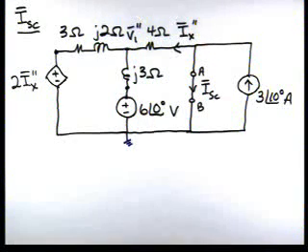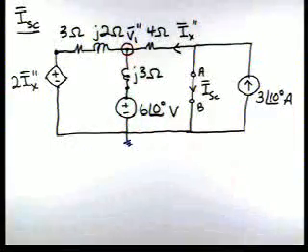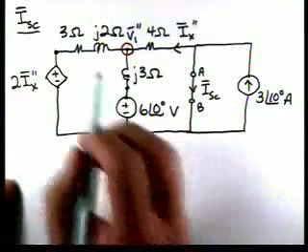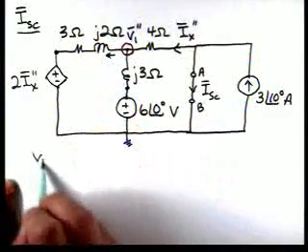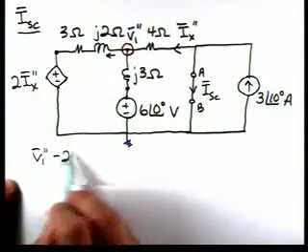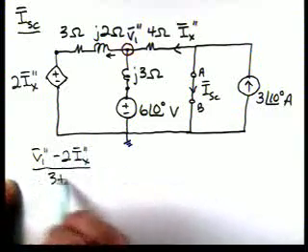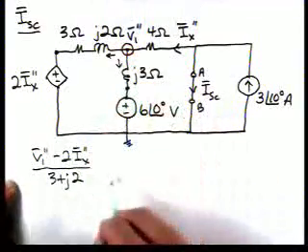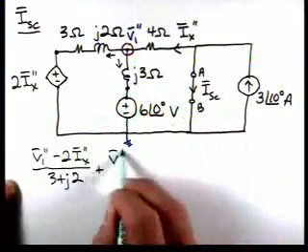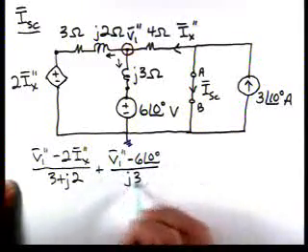Let's apply KCL at this node to generate our single nodal equation. Okay, so we'll look at the current this way. We'll have V1 double prime minus 2 IX double prime over 3 plus J2. The current through here, we'll have V1 double prime minus 6 at angle of 0 over J3.